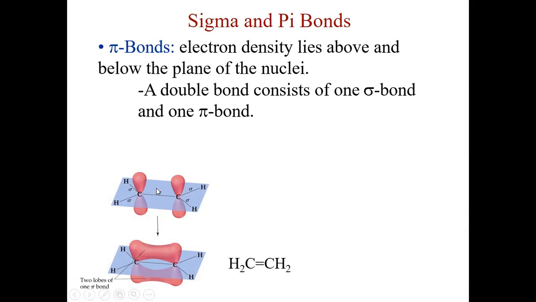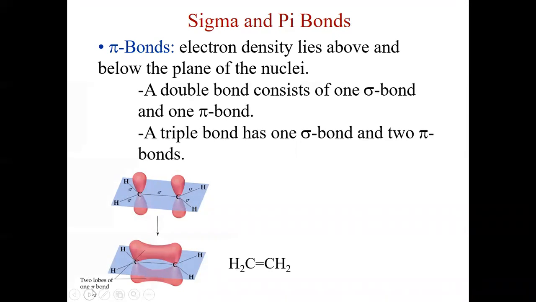A double bond consists of one sigma bond and also one pi bond. So we have 1, 2, 3, 4, 5 sigma bonds in this molecule, and then we have one pi bond, because it looks like it makes the pi symbol above and below. But this is just one pi bond altogether. A triple bond has one sigma bond, and then it also has two pi bonds.